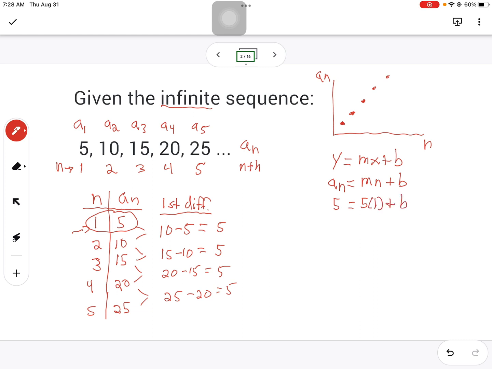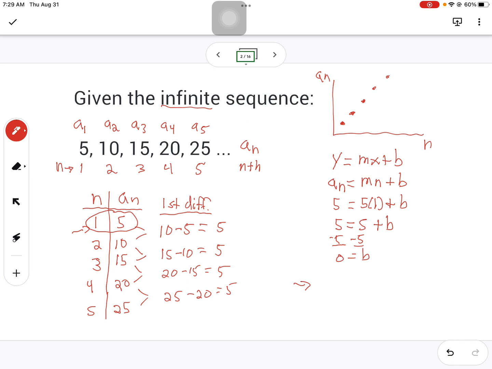So just as we wrote the linear equation, we can do the same to write the rule, because again it is linear, so I'm doing some quick simplification. 5 times 1 is 5. Solve for b by subtracting 5. And we can see our b is equal to 0.